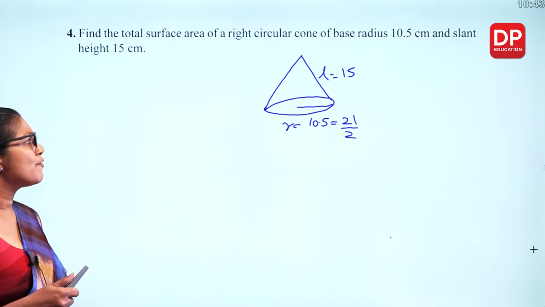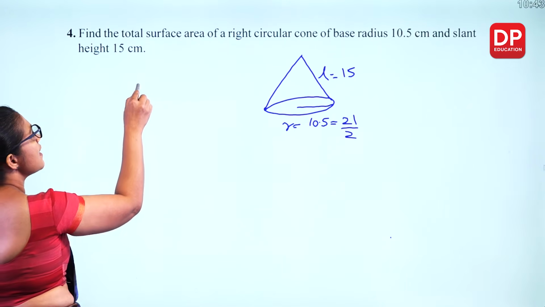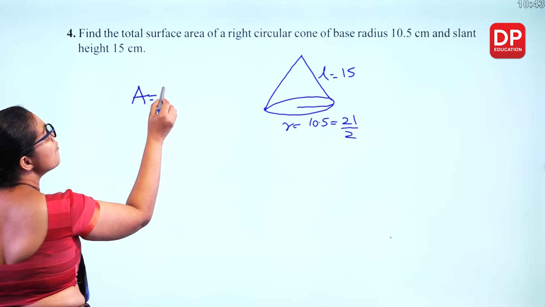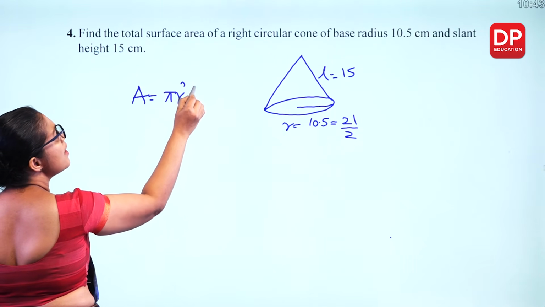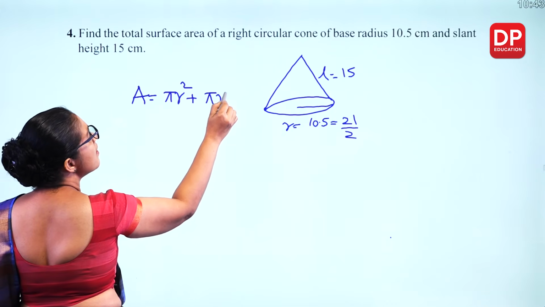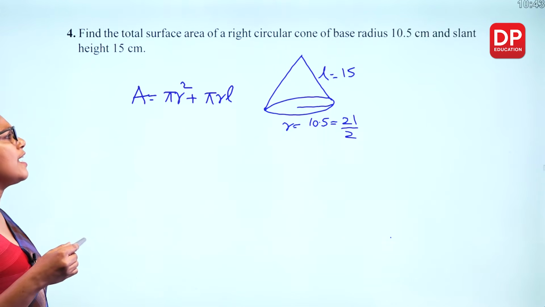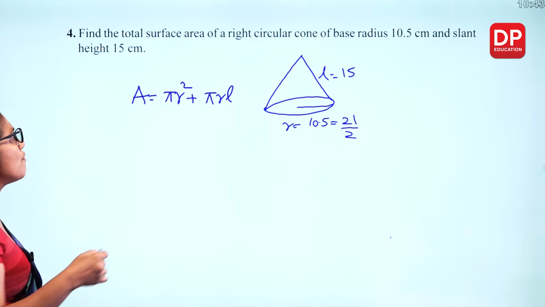So what is the formula for total surface area is area of the circular face. So pi r squared plus pi r L. We know R and we know L. Straight away you can substitute to the formula.